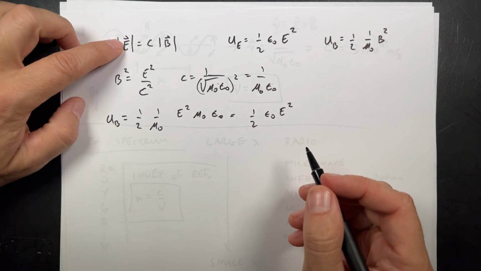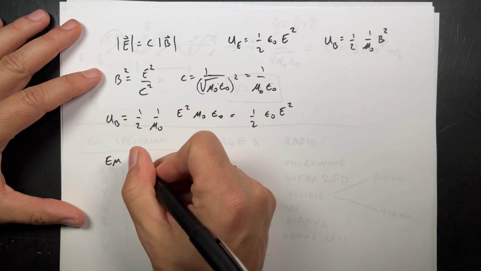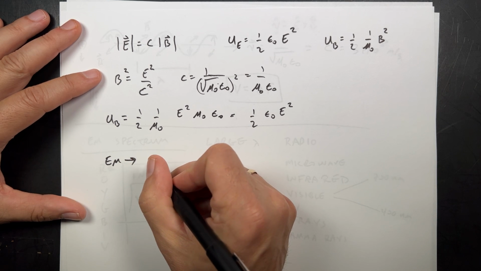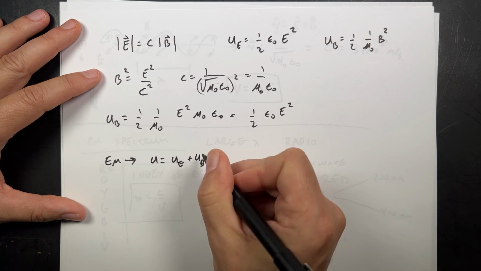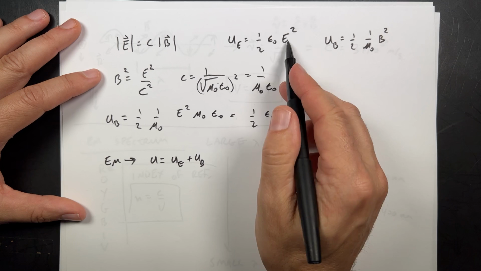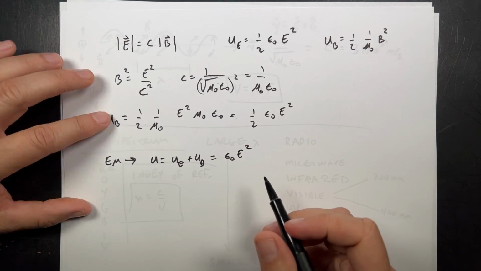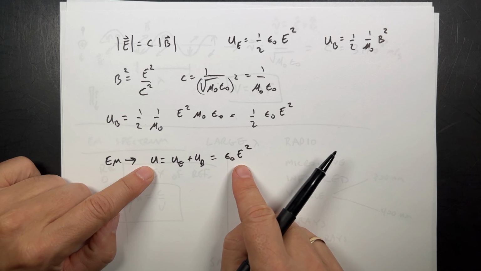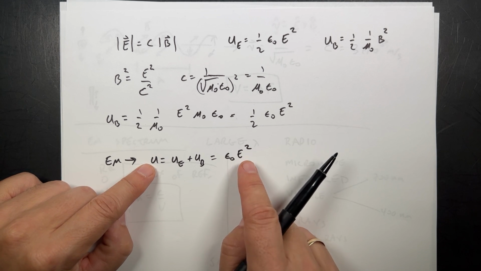So that means that the total energy density in an EM wave is going to be equal to UE plus UB. And so they're both 1/2 epsilon naught E squared. I can write this as just epsilon naught E squared. But we assumed this was a constant electric field, so it's not.